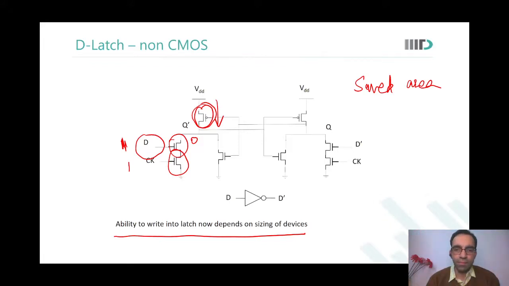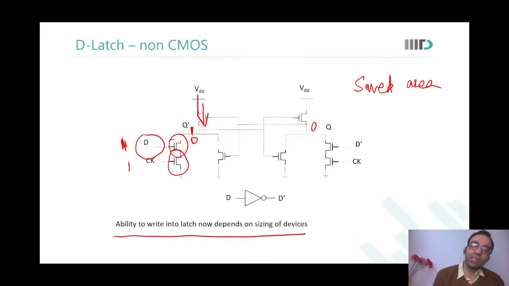Yes, sir. Please repeat the last part. So what we are saying is that because this PMOS is on, now I want to write a 0 here. It means initially there was 1 here. If it was 1 here, then the 0 was written on this side. Are you able to see this? Yes. If 0 was written on this side, it means this PMOS was conducting current. Now you want to write a 0 over here.